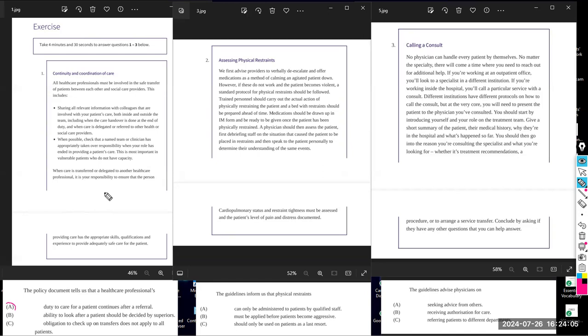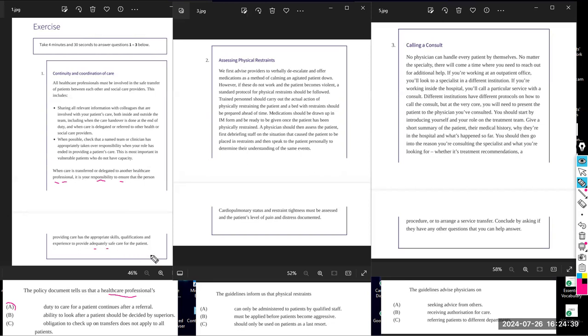Yes, if you can notice in the text, this is healthcare professionals. When care is transferred or delegated to another healthcare professional, it is our duty or responsibility to ensure that the person providing care has appropriate skills, qualifications, experience to provide adequately safe care for the patient.